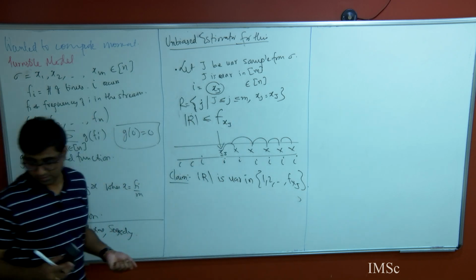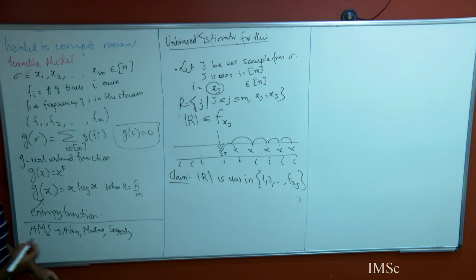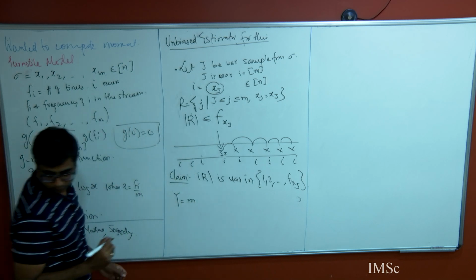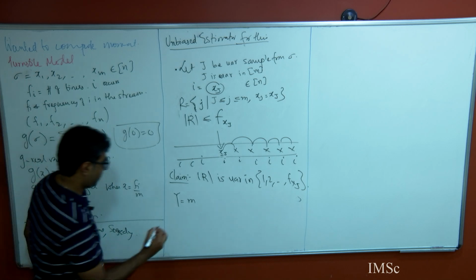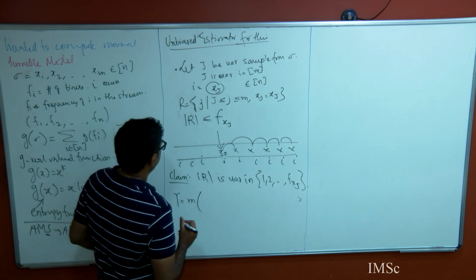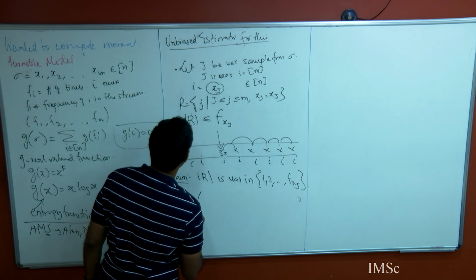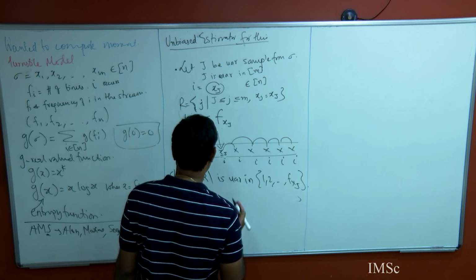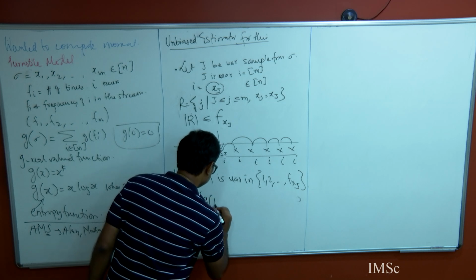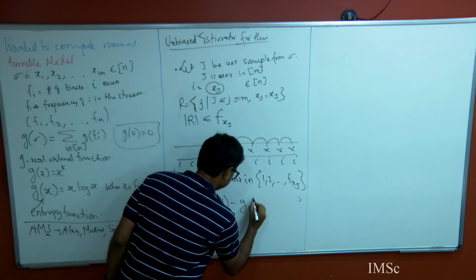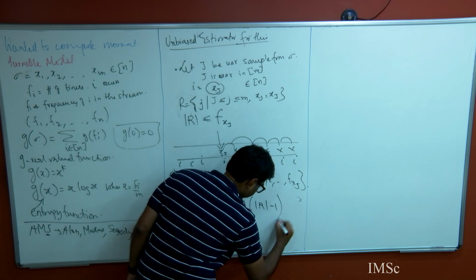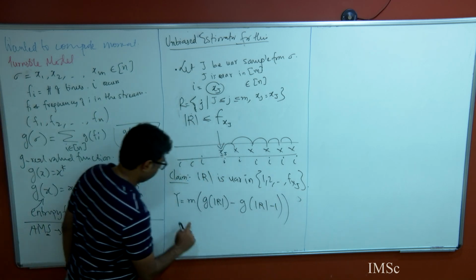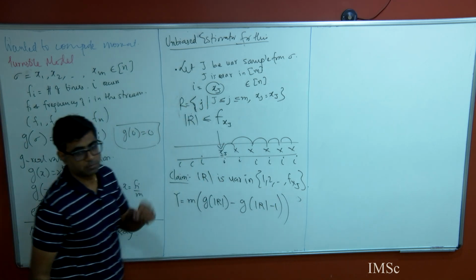So having said this, our unbiased estimator is very simple, y is m times, where this m is the total number of items.